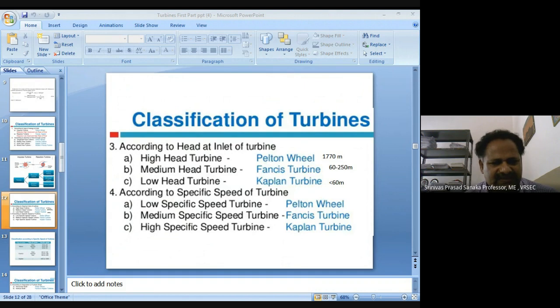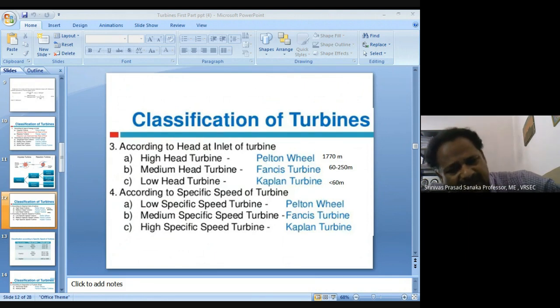Suppose the head maintained in the reservoir is in the range of 800 to 1700 meters, then the turbines which work against such a high head are categorized as high head turbines.